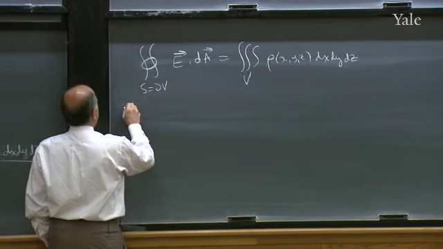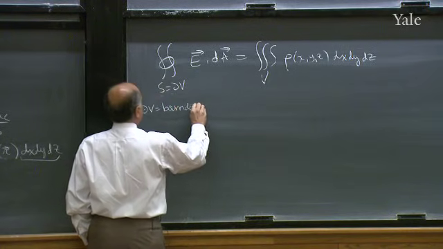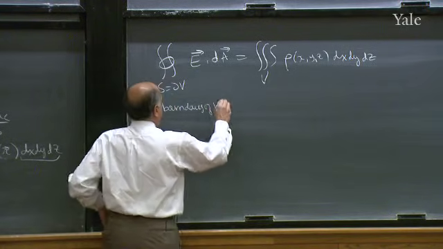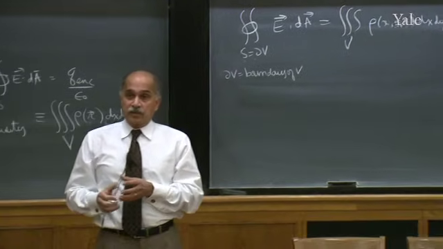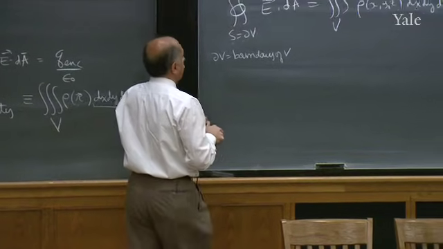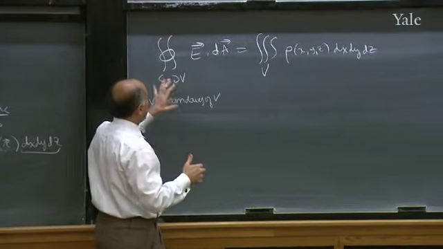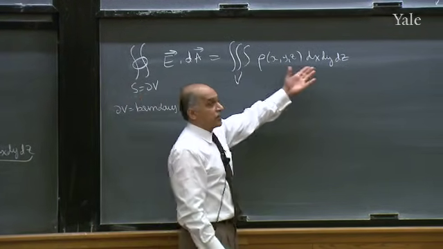And S equals dV, where dV is the boundary of V. Now, in other words, if V is like a potato, the skin of the potato is dV. Therefore, if the potato is full of charge, it will emit some electric flux, and the surface integral of the electric flux over the skin of the potato is the charge enclosed inside it.